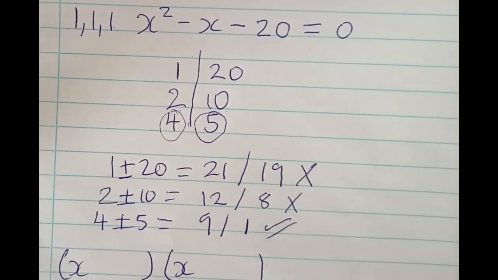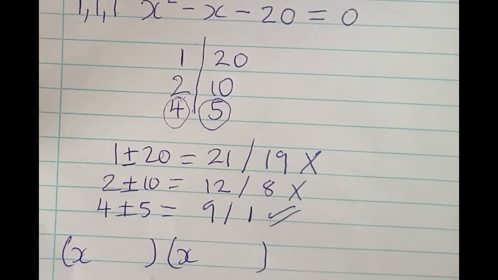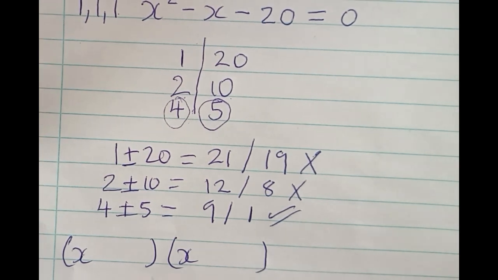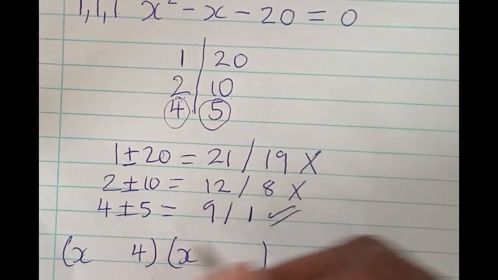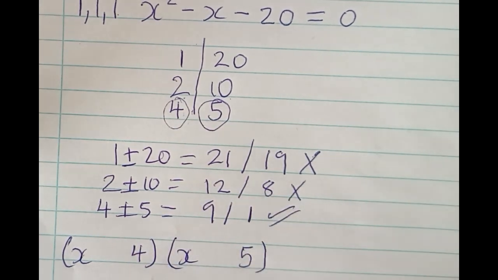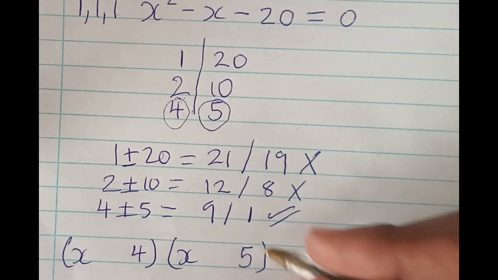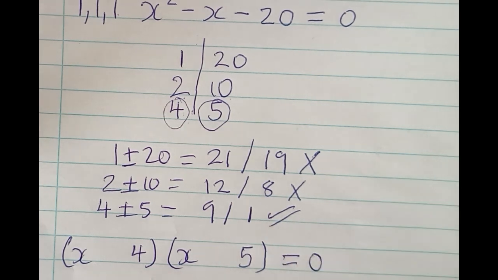After x, my values are 4 and 5, so I'll write 4 and 5. Even if you start with 5 and 4, it's still fine, as long as your values are correct and the signs are correct, because they all matter. If your value is right but your sign is wrong, your answer will be wrong. Remember, this is equal to 0.